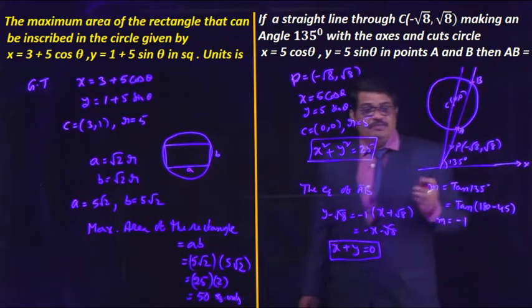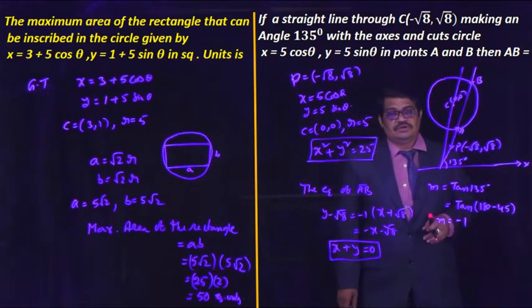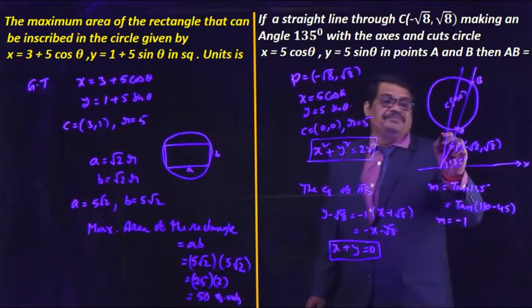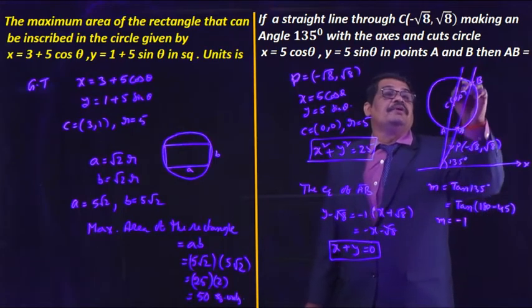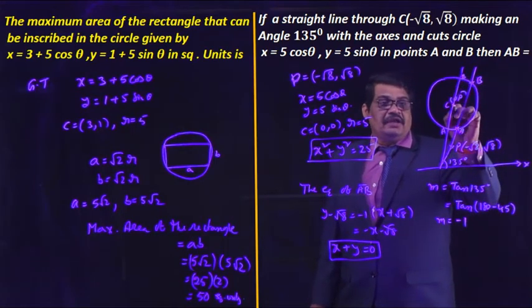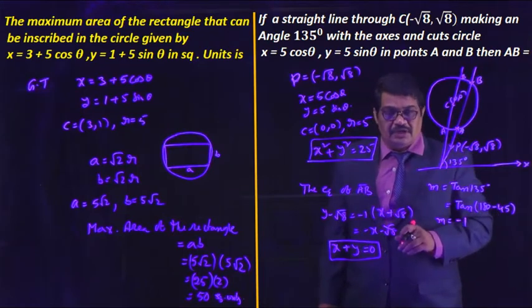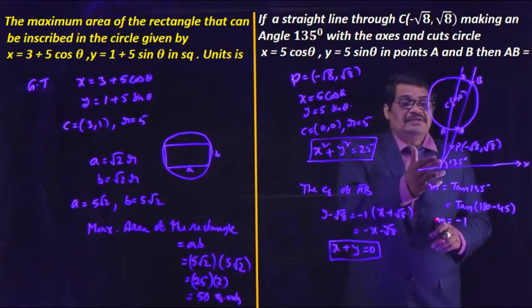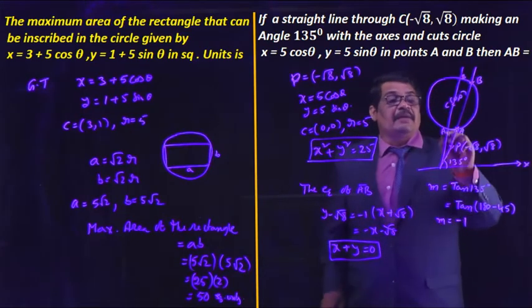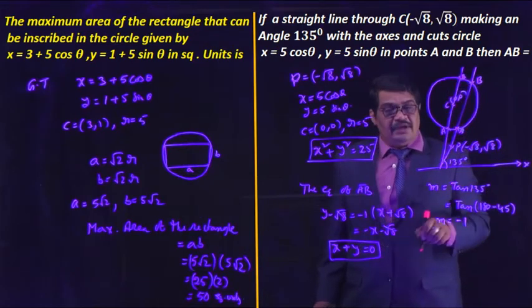This is the given line AB. So it is a line passing through the center of the circle.